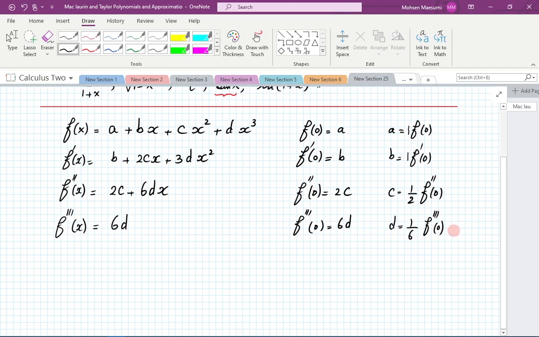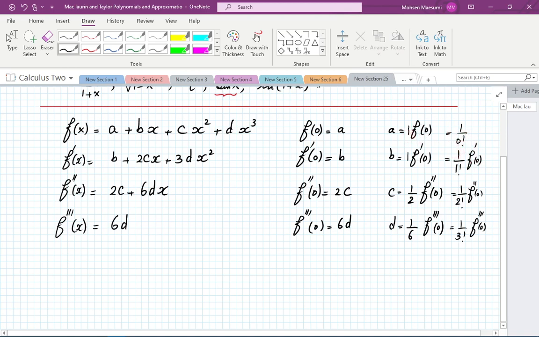So this magic number 6 is really 3 factorial, times f triple prime of 0. This is 2 factorial, times f double prime 0. Well, 1 factorial is just 1. And to make the pattern match all over the place, we have to define this thing as 0 factorial.